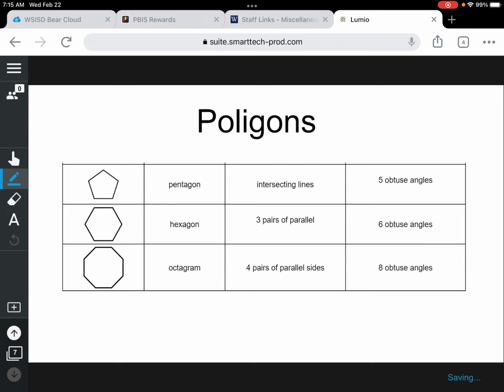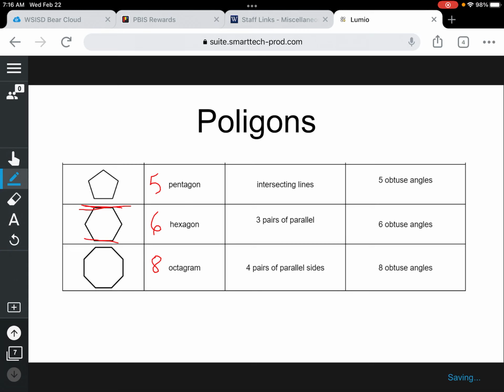Now, what are the other polygons? We have a pentagon. It means it has 5 sides. Hexagon has 6. And octagram or octagon has 8 sides. What we remember is that the pentagon has no parallel lines. They are all intersecting. The hexagon will have some parallel lines.